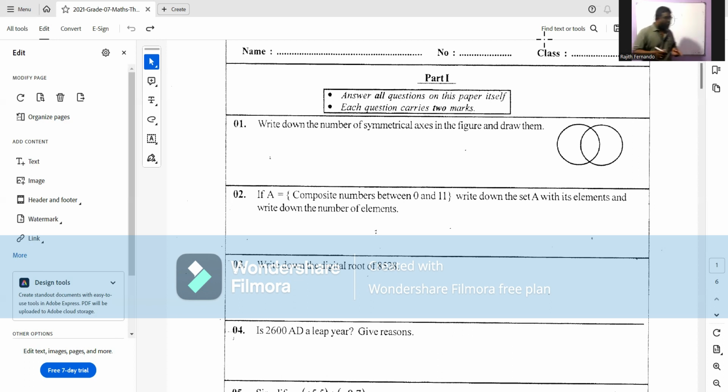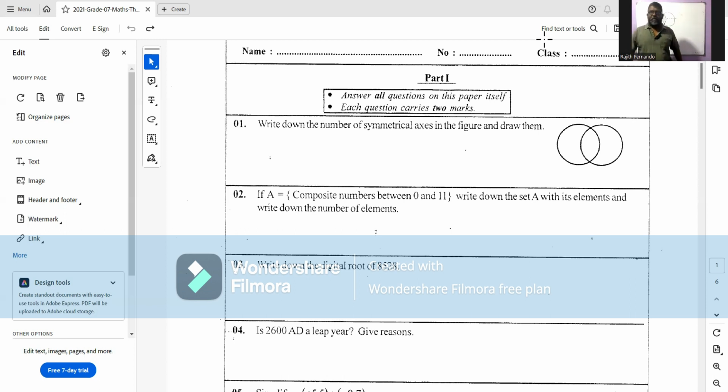Yes, you can use the same as earlier: a capital English letter and an equal mark. Then you put the curly brackets, and within the curly brackets you can write each and every element. That is the method they are asking. Then what is the next method you have learned? Yes, the Venn diagram.